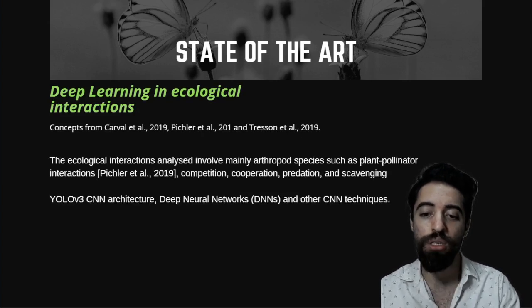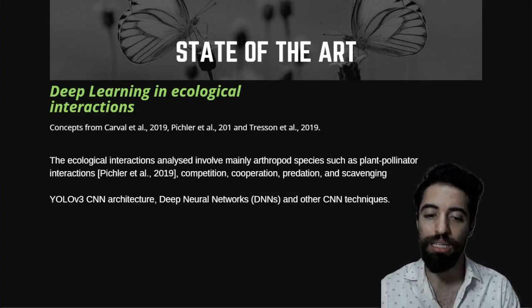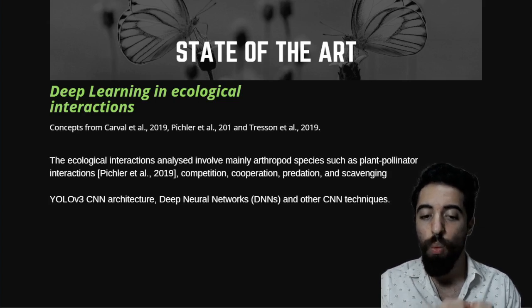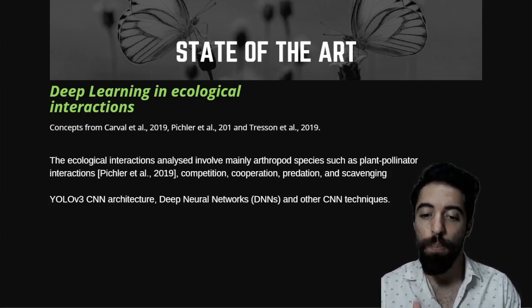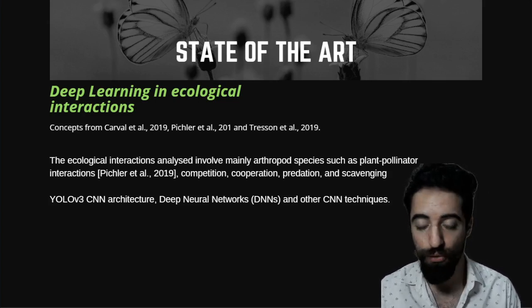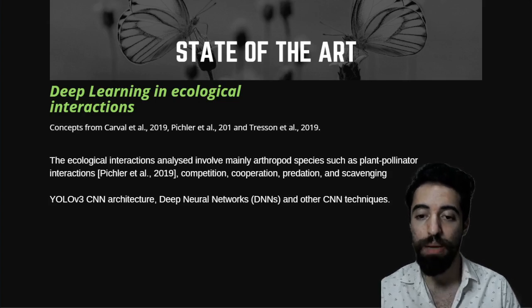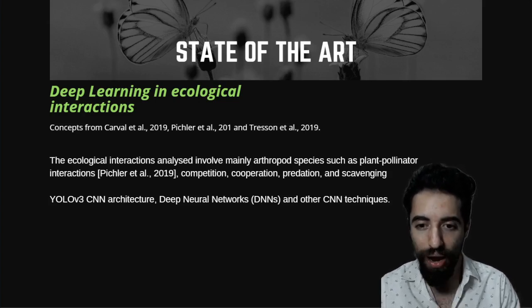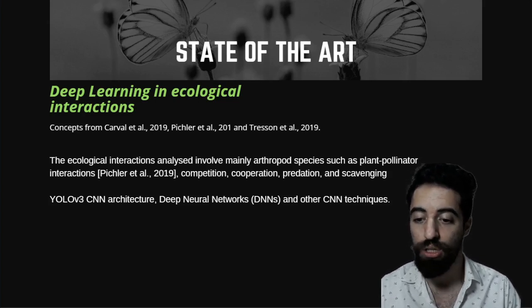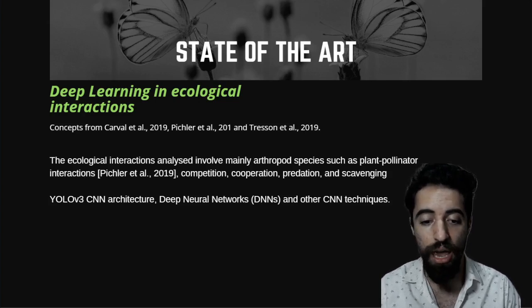But when you go into ecological interactions, the scenario changes. We have ecological interaction studies, but they are focused mainly on arthropods, just one taxon. And we have that for several reasons, because they are easy to manipulate and to study these interactions, such as plant-pollinator interaction, competition, cooperation, predation, and also scavenging.